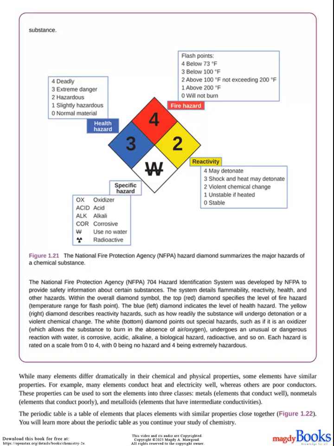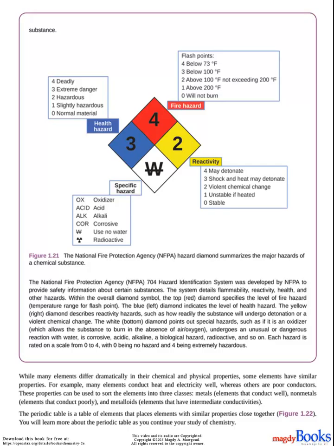Within the overall diamond symbol, the top, red, diamond specifies the level of fire hazard, the temperature range for flashpoint. The blue, left, diamond indicates the level of health hazard.